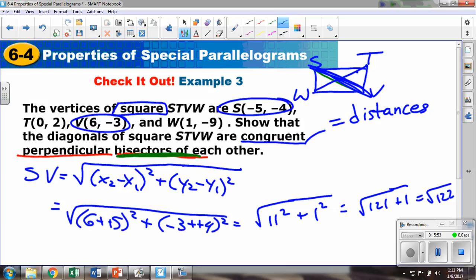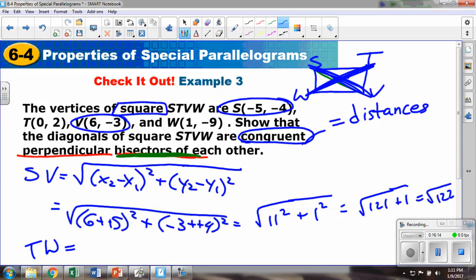In order to show that these diagonals are congruent, you will need to do the same process for the other diagonal, from T to W. And in an effort to save time with the video, we're not going to go through and crunch all those numbers.